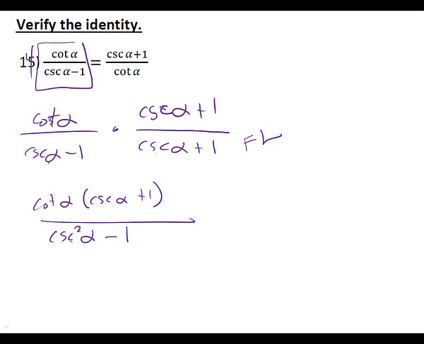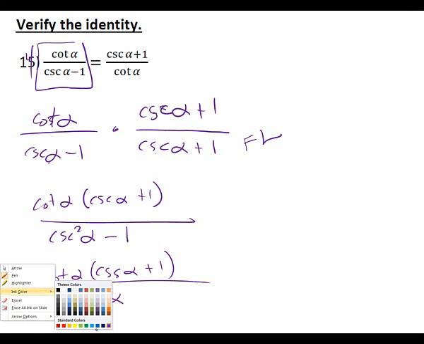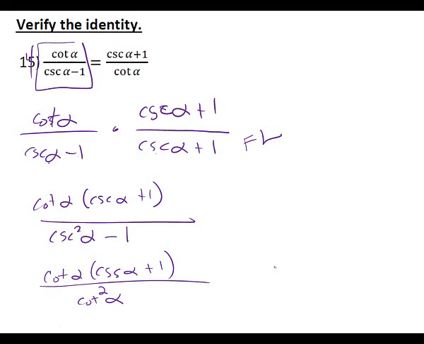All right, this looks kind of Pythagorean to me, so look up at your Pythagorean identities. What can I replace that with? Cotangent squared alpha, right? I'm going to let you guys catch up. See how I can take this cotangent and take one of those out that's in the denominator?